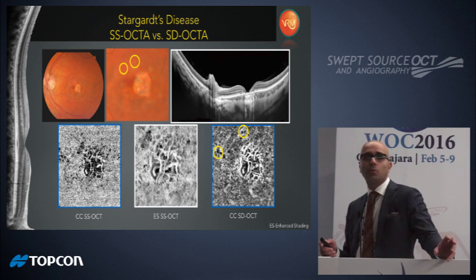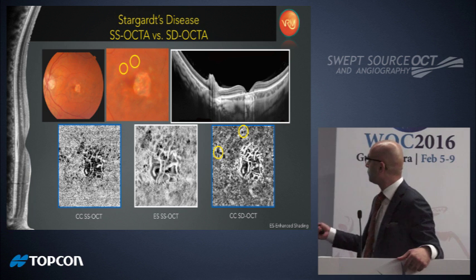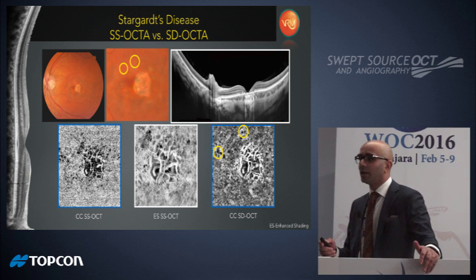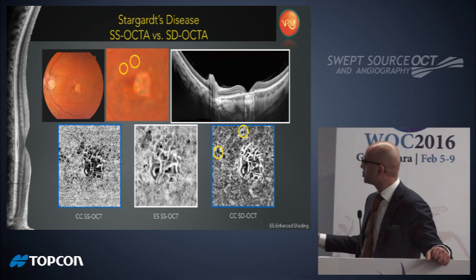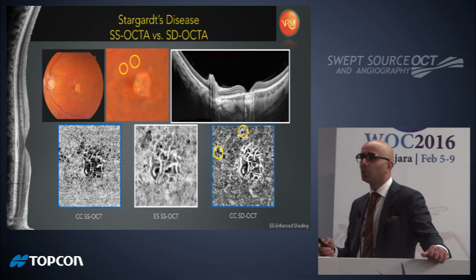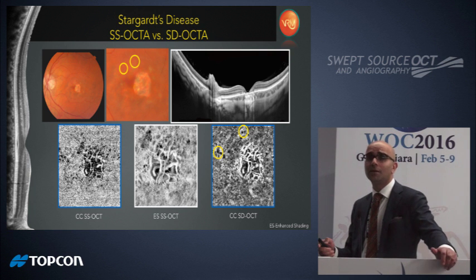And we know lipofuscin will absorb the spectral domain wavelength and potentially manifest itself as what we call flow voids, to indicate potential absence of blood flow. The reality is that signal is being absorbed by the lipofuscin and we're getting a false representation of flow, whereas in the swept source image we don't get the same finding. So these are subtle changes. What their impact might be down the road will depend upon the analytic software that we end up integrating into these devices.